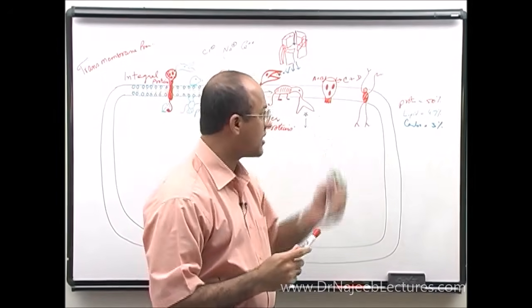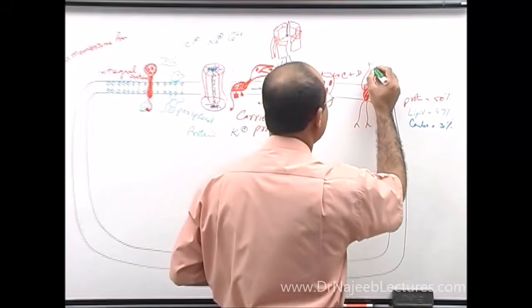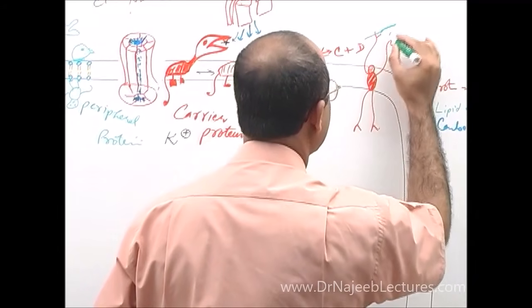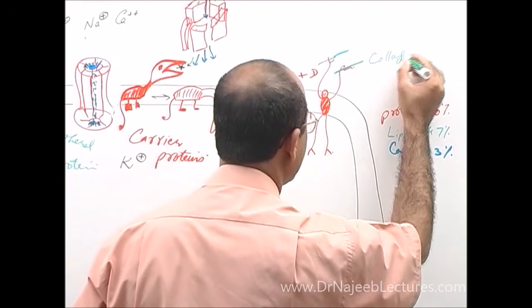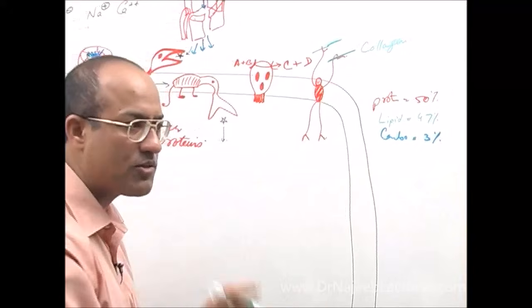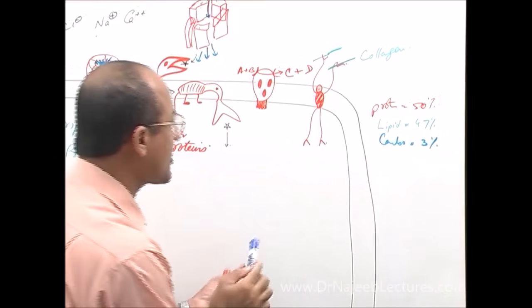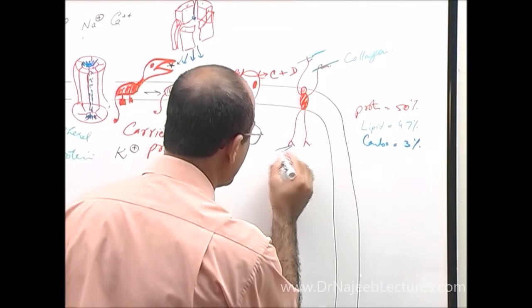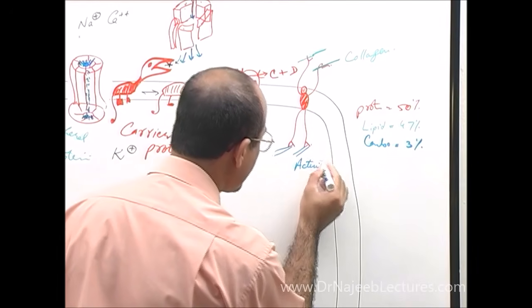And what is it doing there? Outside, maybe this protein is holding some special type of, suppose, collagen. Do you know collagen? Collagen is a protein which is present outside the cells. And inside, there may be actins. It is sticky to some filaments called actin.